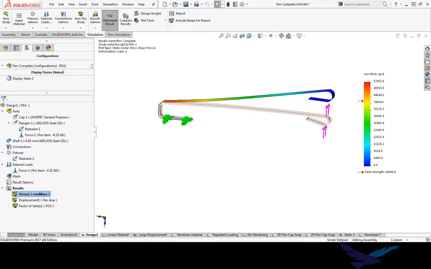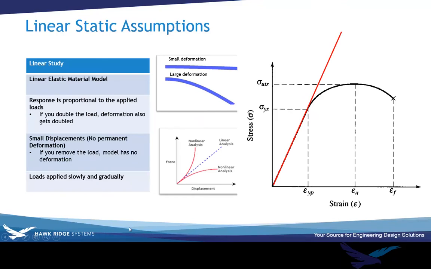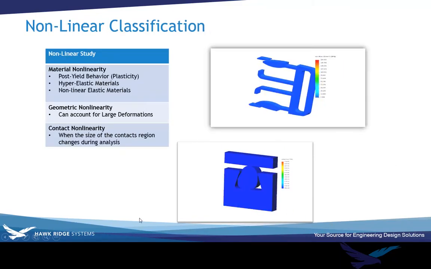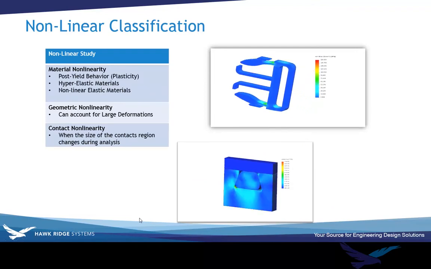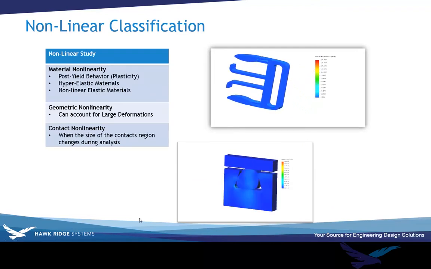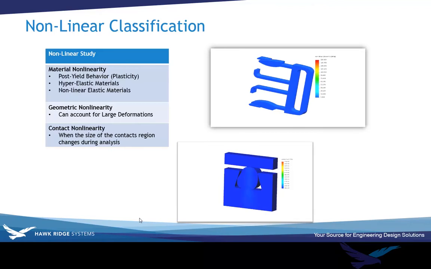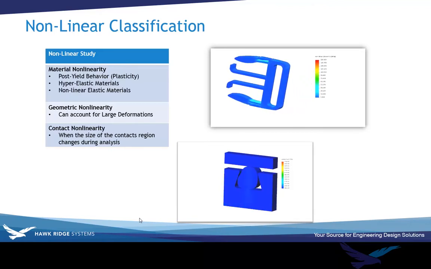All right, so that being said, when we go into a nonlinear problem, how does that differ? The first thing that we need to ask is, what classifies as a nonlinear problem? The first one, again, we start off with the material.